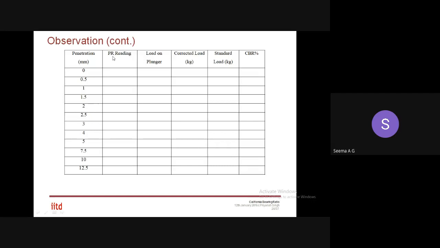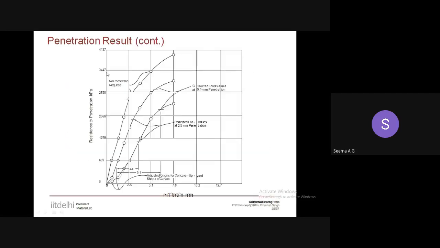So the reading is multiplied with the constant to obtain the corresponding loading. Then after getting the penetration and the loading, you can prepare a graph like this, that is the load penetration curve.